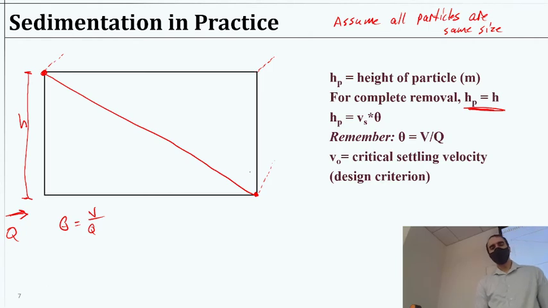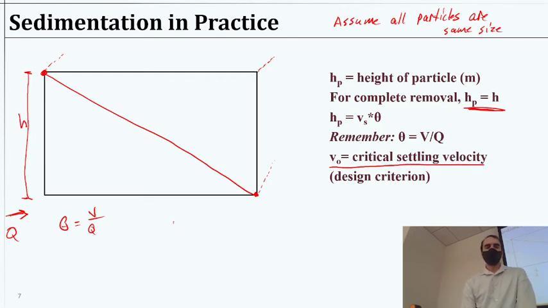That's ultimately the design criteria. So that's how we relate a critical settling velocity, meaning that critical velocity that we have to meet. It's the minimum velocity to get complete separation, complete removal of the particles. So this critical settling velocity, that's our design criterion.